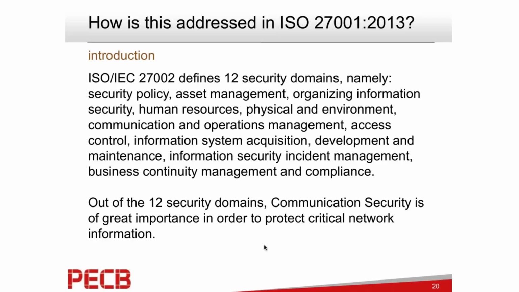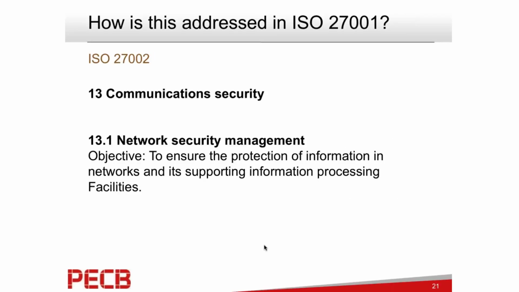That domain is of great importance to protect your critical network information. So what's the objective of communication security? The first part of it, 13.1, network security management. The objective is to ensure the protection of information in networks and its supporting information processing facilities.